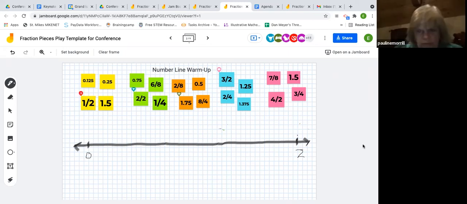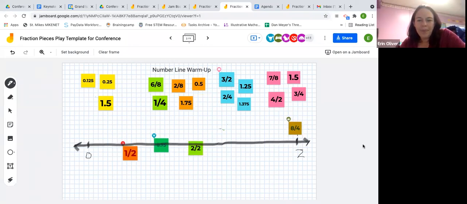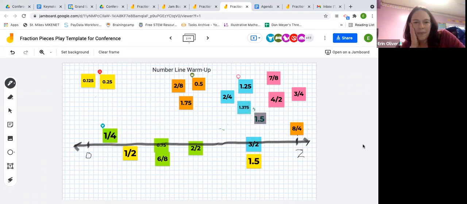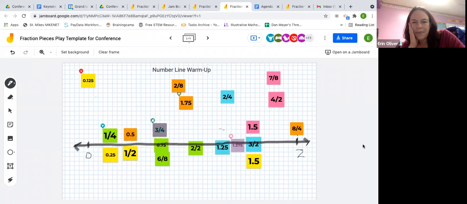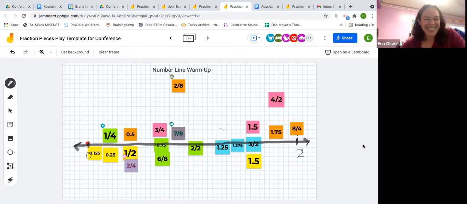And I'll just show with you what we do with students after they're on the number line. It's much more impressive to watch adults do this. Oops.